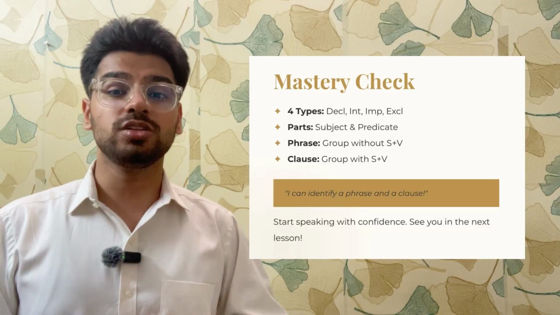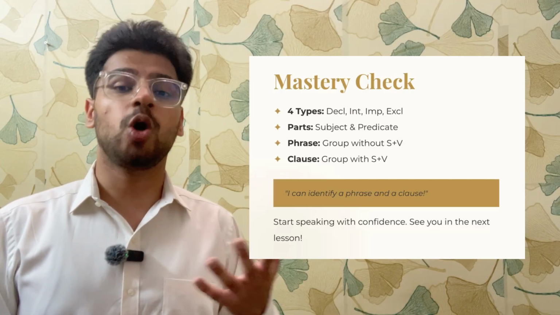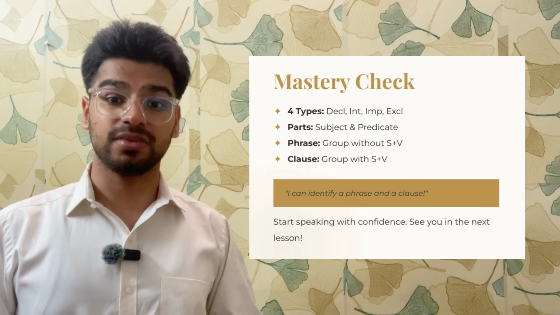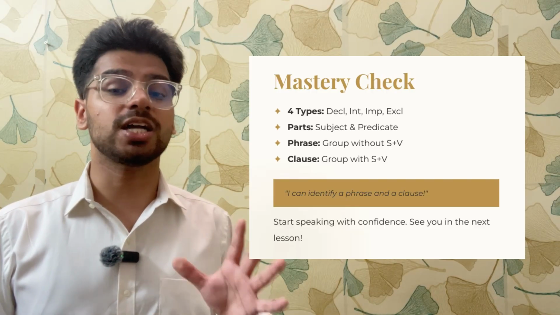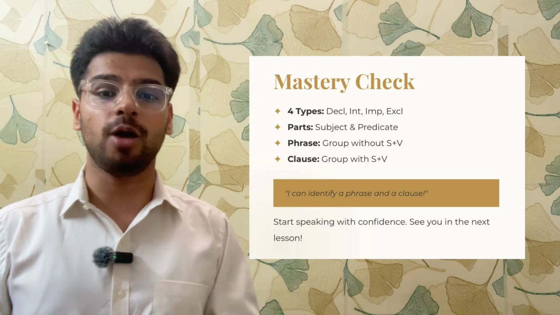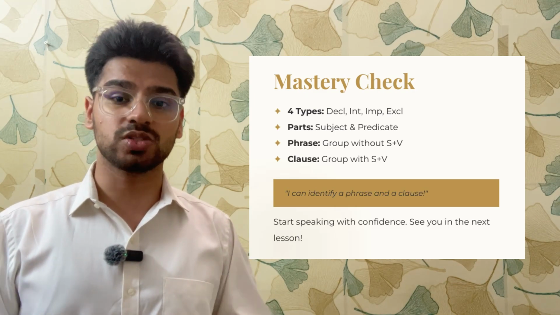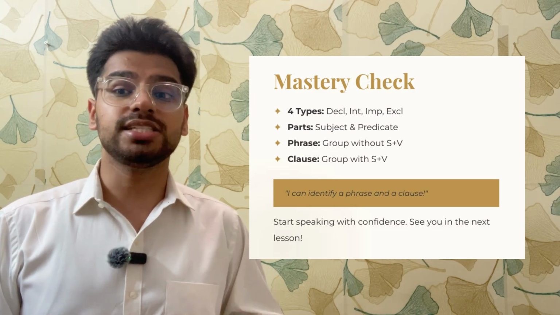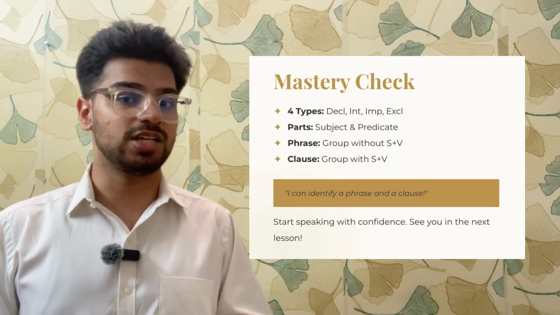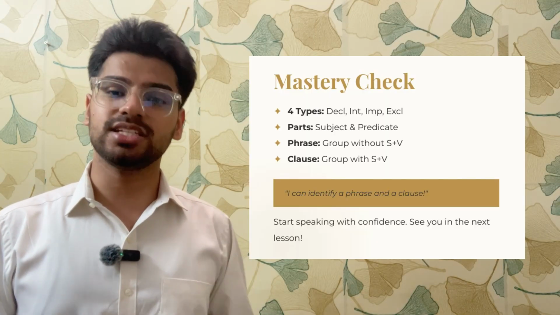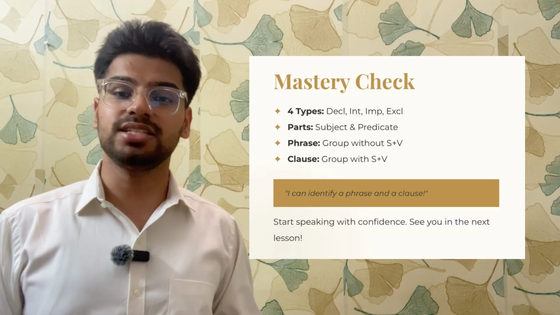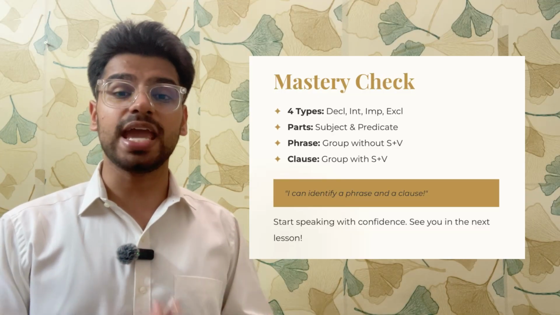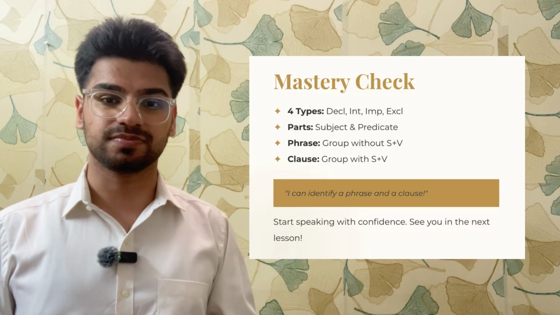Predicate: what the subject does or what is said about it. Phrase: group of words without a complete subject-verb combination. Clause: group of words containing a subject and a verb. Independent clause: it's a complete thought. And dependent clause: it's an incomplete thought.